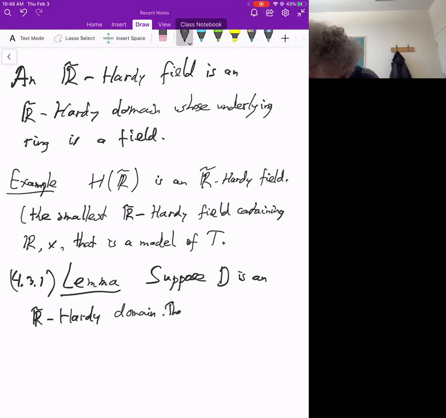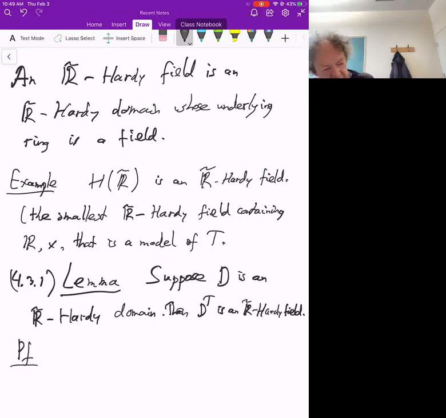Then its T closure is an R-tilde-Hardy field. Any model of T, of course, is a field, so that is rather a proof.